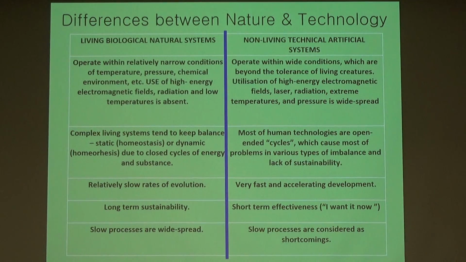In natural systems, however, there's much more long-term sustainability, and they're much more long-lasting than technical systems, human engineering systems, which have a very short-term effectiveness, but their performance tends to reduce over long periods of time. So that's another area we can learn from nature and apply to our technical systems.